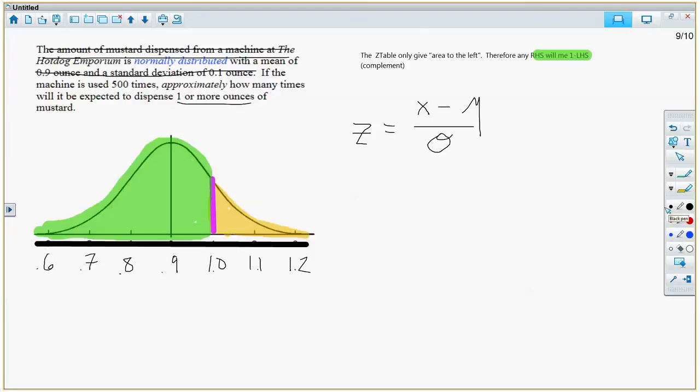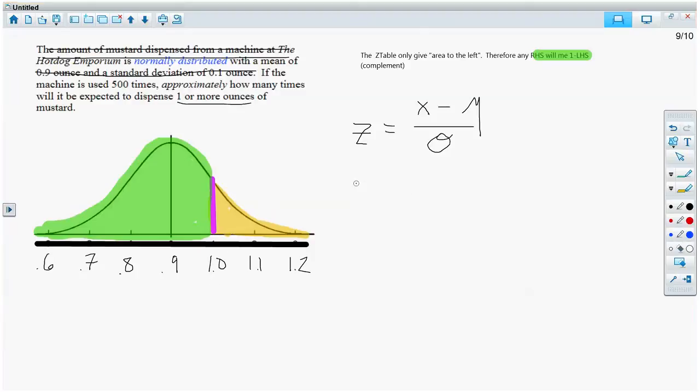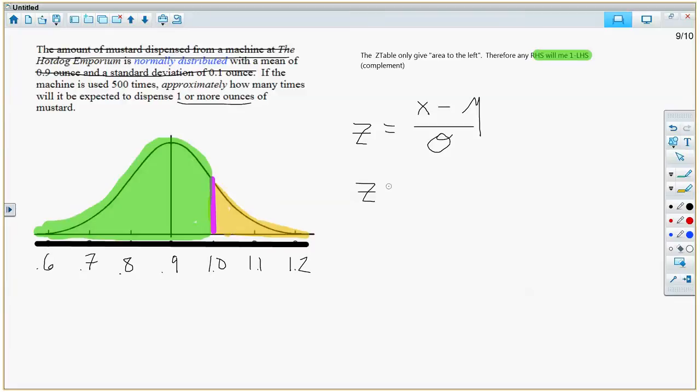All right, so what's our x? 1. So z is equal to 1 minus the mean, which is 0.9, over 0.1. Now you don't need a calculator because you know how to do money.